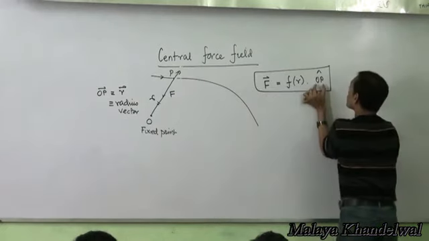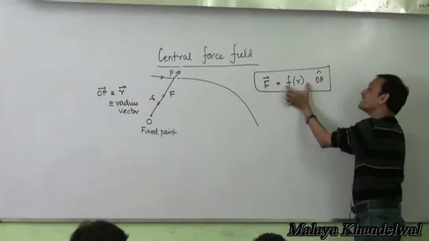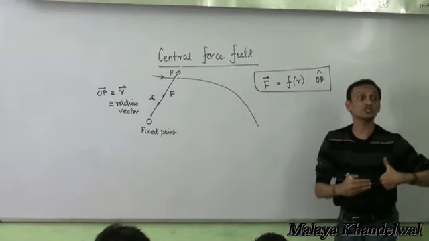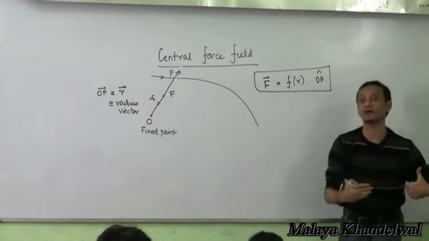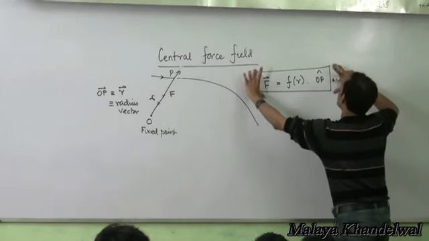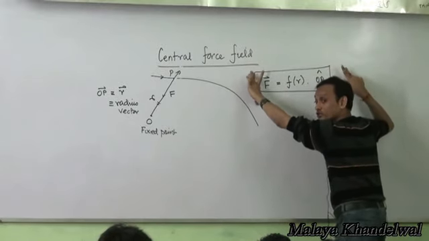It's central because the direction of the force is always along the radius vector, and the magnitude of the force depends on R, the distance between the particle and the fixed point O. So, we would focus our attention on force fields of this nature.